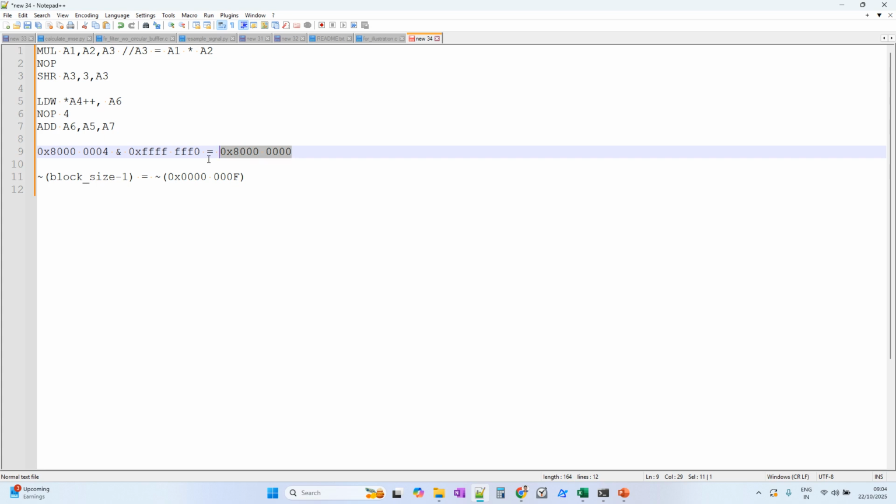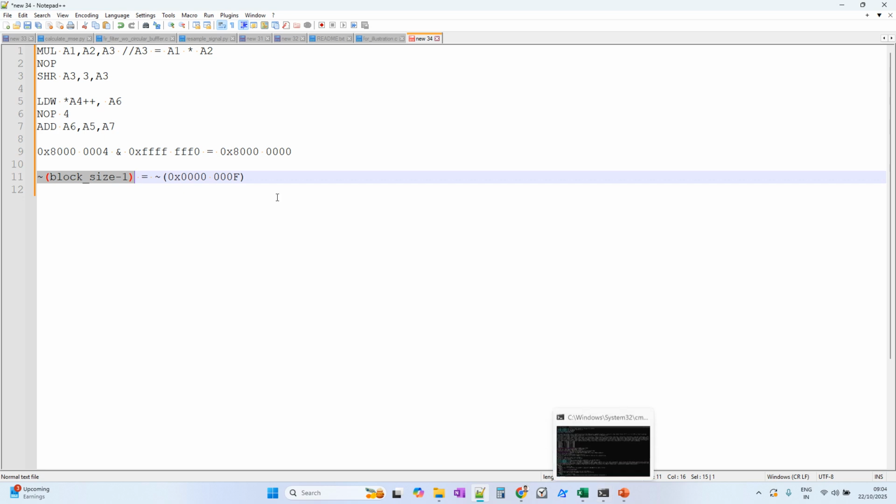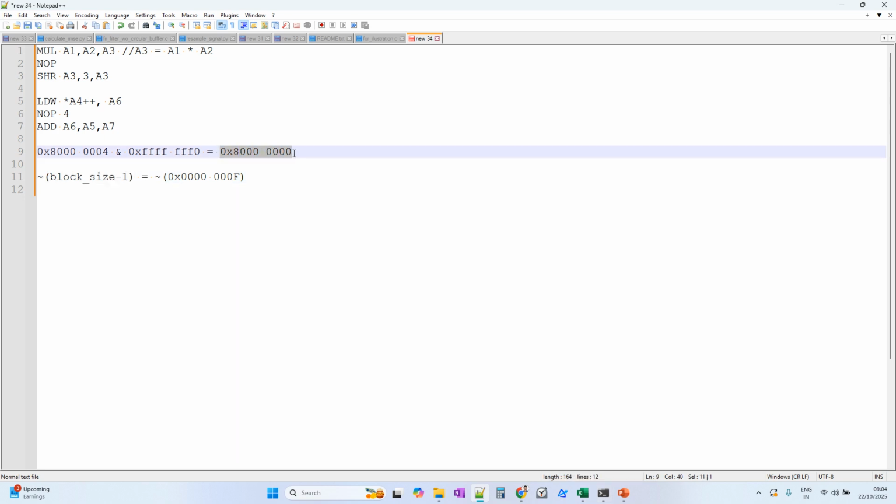So the hardware is deciding the start address. The end address is decided by the start address plus 16 bytes, which comes out to be 80000F.